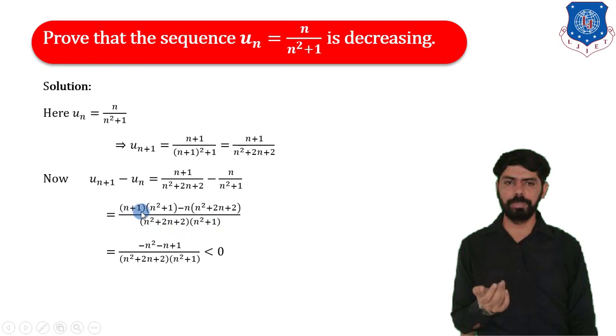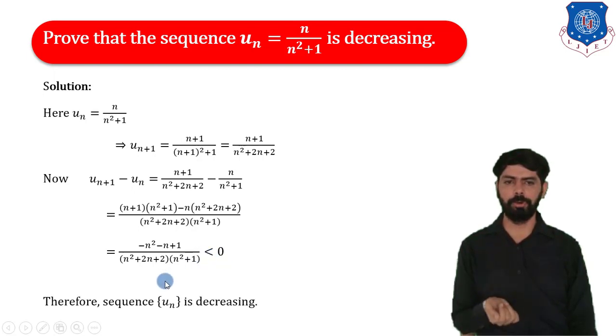Now if we simplify this, then it will be n cube, then plus n, then plus n square, then plus 1, then minus n cube, then minus 2n square, then minus 2n. If we simplify this, then it will be minus n square minus n plus 1, whole divided by n square plus 2n plus 2 into n square plus 1. So this is less than 0. Therefore, sequence un is decreasing.